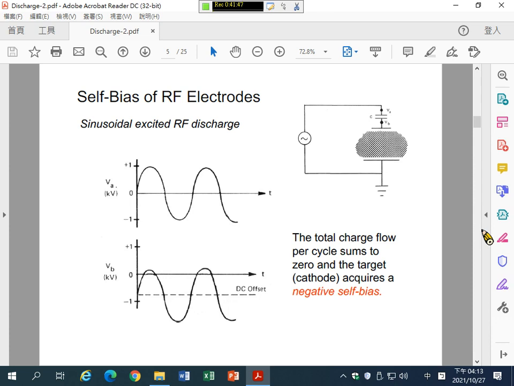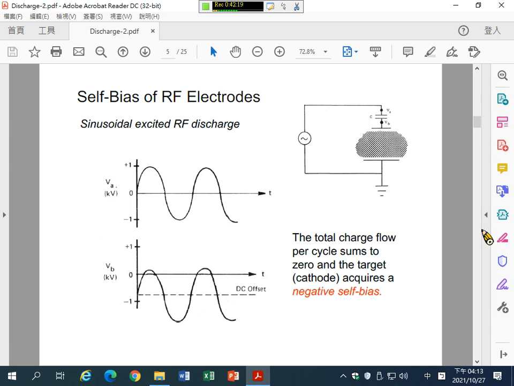The output voltage for the RF power supply starts from 0 volts and increases gradually to the maximum, for example plus 1000 volts, and then decreases through 0 volt to minus 1000 volts, like this. So this is one cycle. Here's another cycle, and the waveform follows the sinusoidal wave.